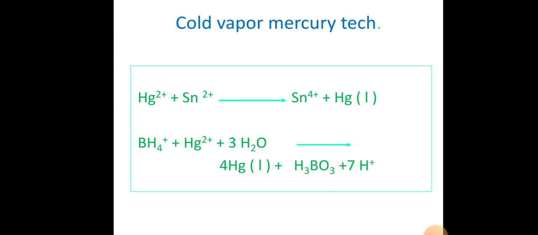If you add sodium borohydride or tin 2+ to the mercury solution, it will be converted to liquid mercury, Hg0. This mercury can be evaporated and conducted to the atomization tube, and without heating the tube you can measure its absorbance. This method is used only for mercury.